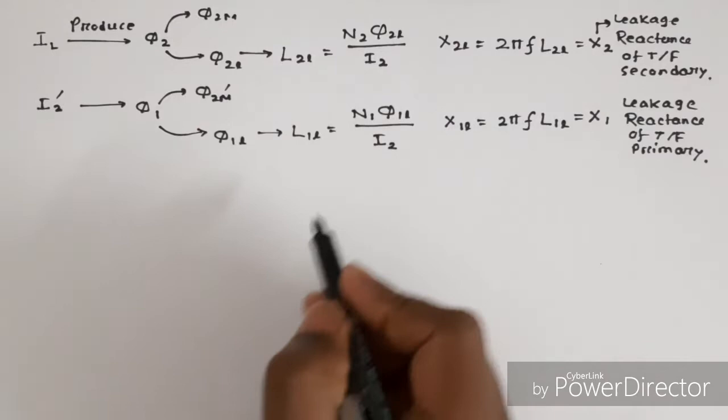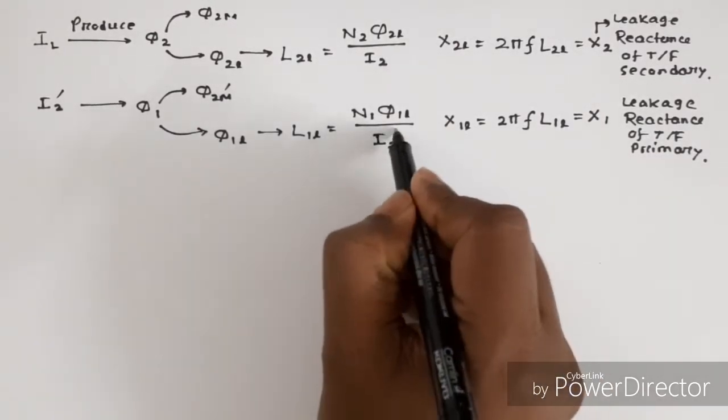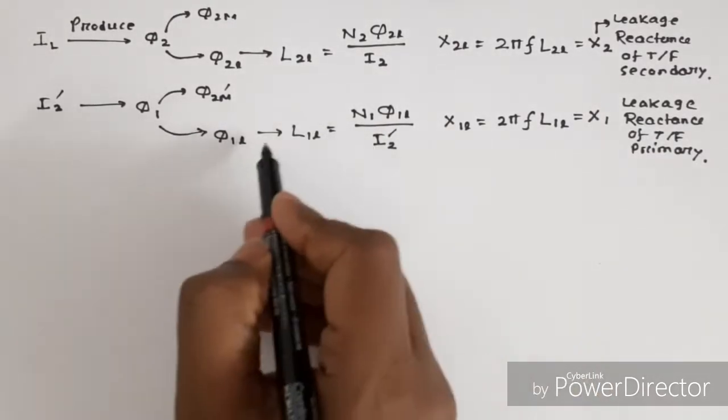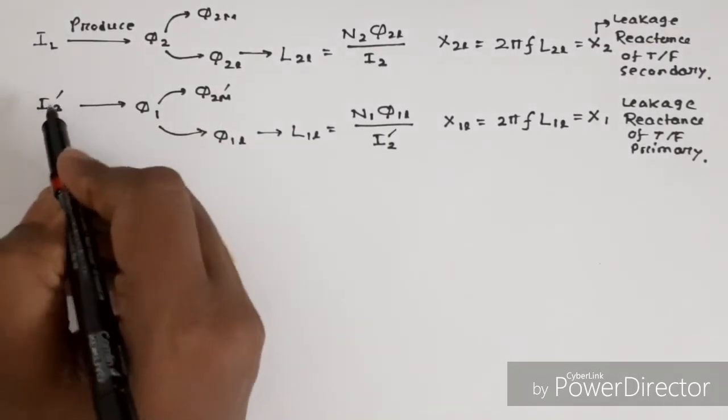Do the correction: this is the current I2 dash, not I2, since this flux is due to I2 dash.